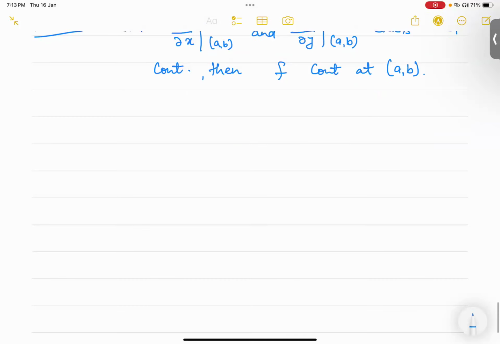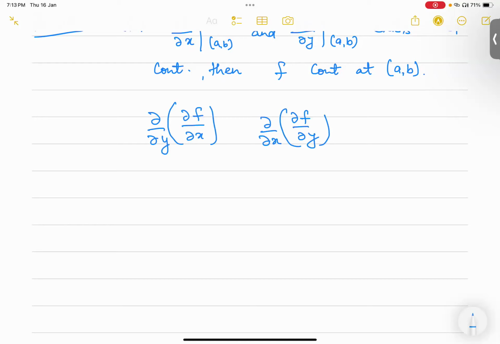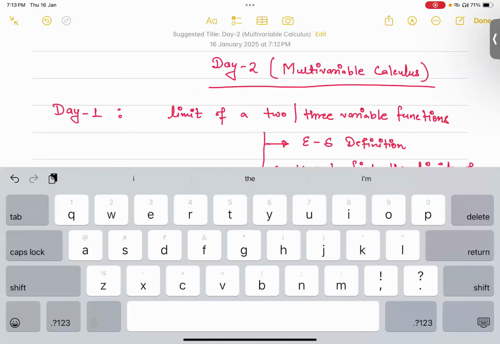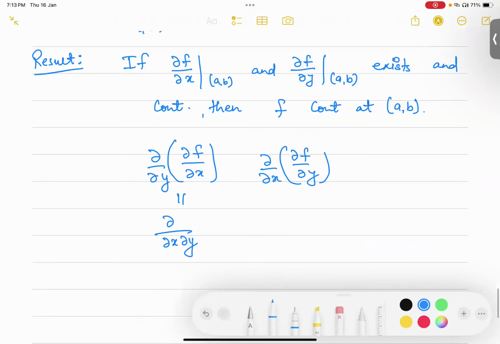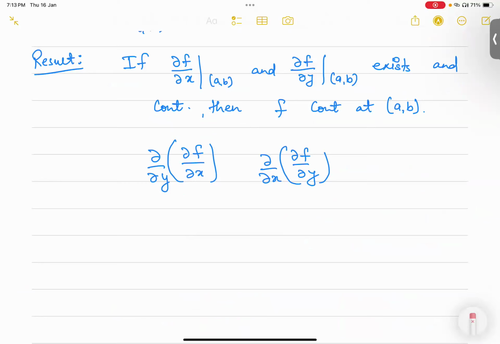Now, till now we have calculated one derivative, del f upon del x, del f upon del y. Even we can calculate del upon del y of del f upon del x, and del upon del x of del f upon del y. So now we are operating y first.